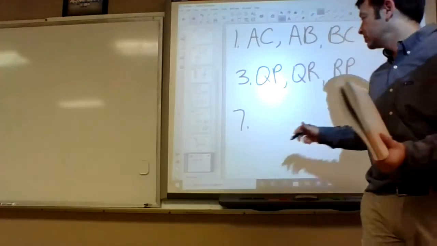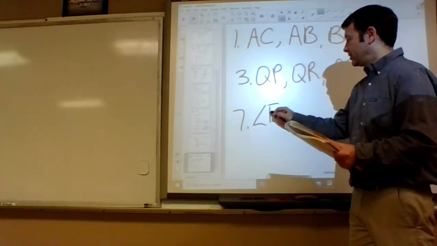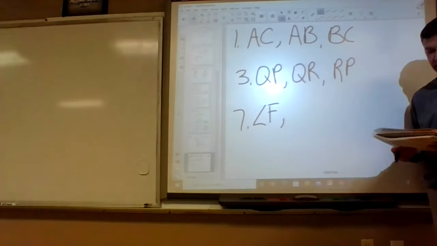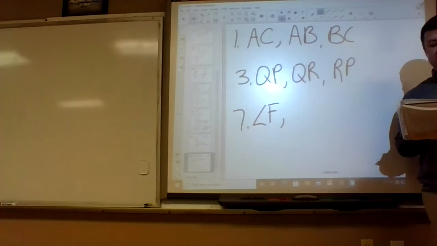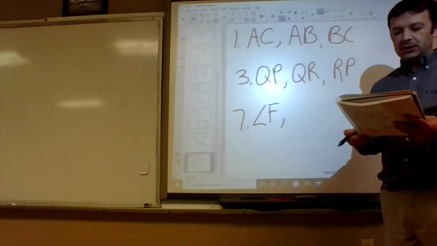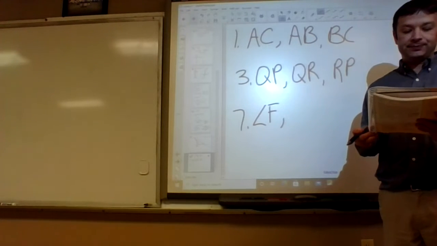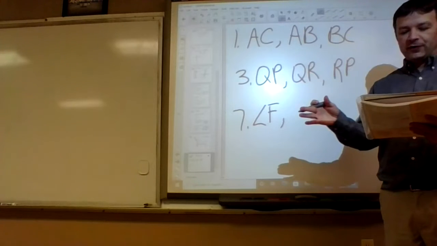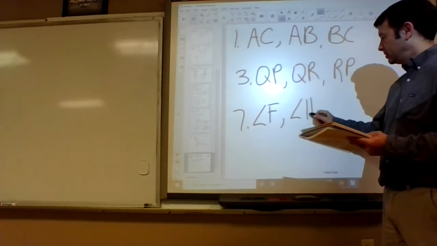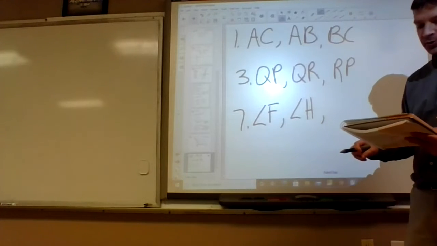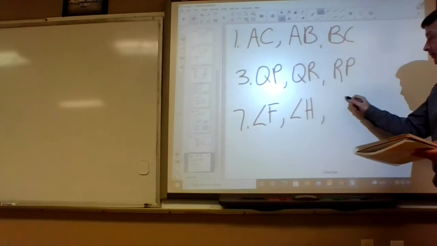F. So angle F goes first. What's the next smallest angle? G is definitely the biggest, right? 15 is a little bit bigger side, so H is a little bit bigger angle. And the largest is 27 by far, so G is by far the largest angle.